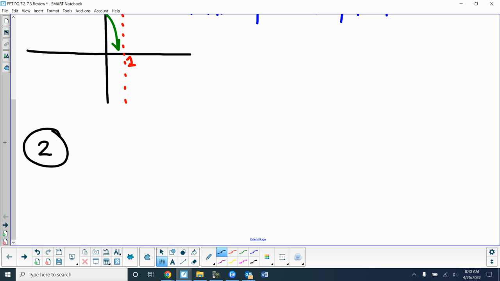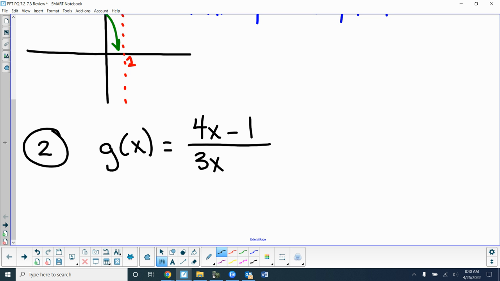All right. Number 2, here's our function. This has a variable in the numerator. So finding our horizontal asymptote is a little bit different. Okay?